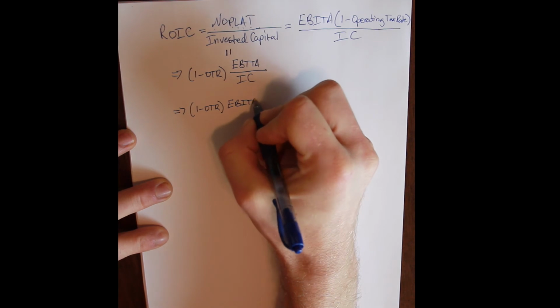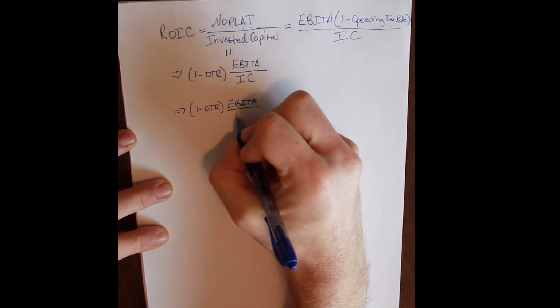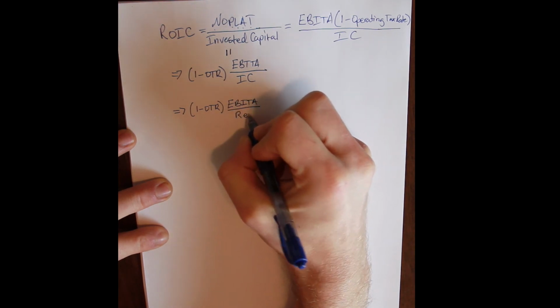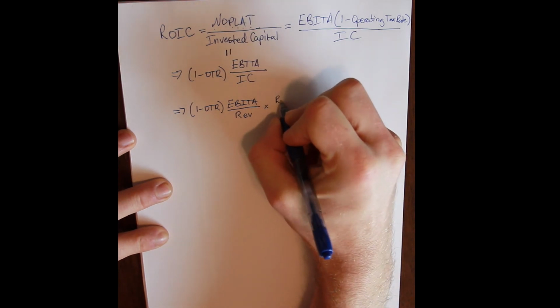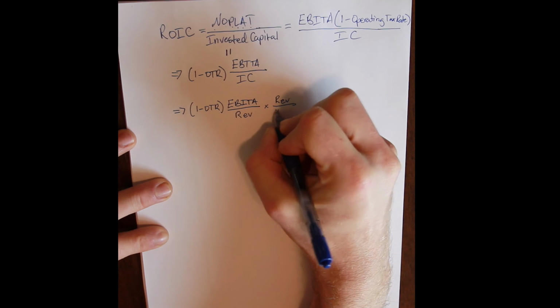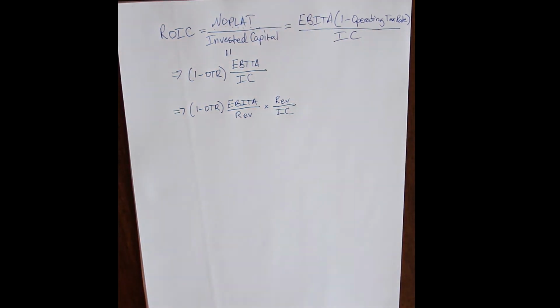So I can take EBITDA and I can divide EBITDA by revenue, and then I can make a second fraction where revenue is the numerator and invested capital is the denominator.